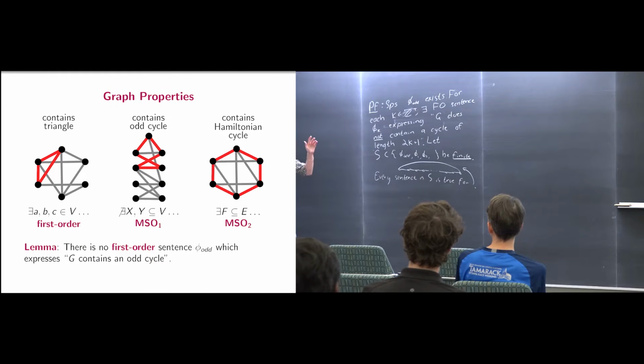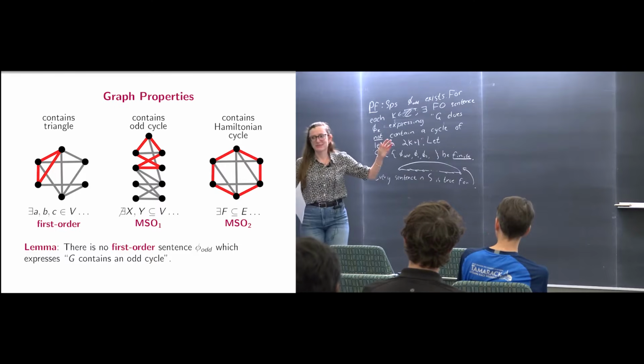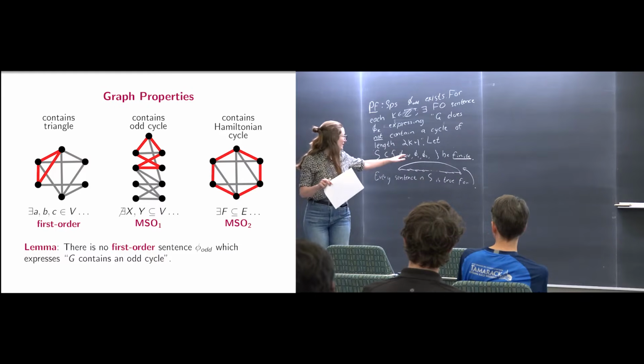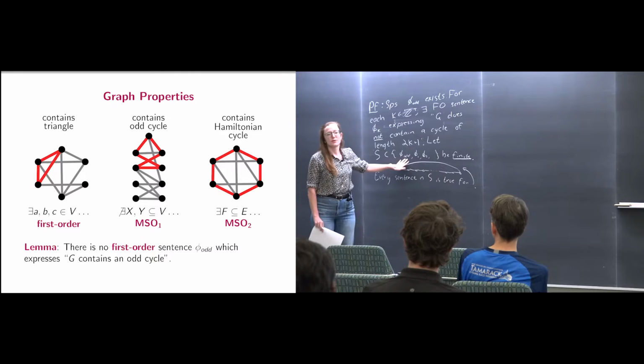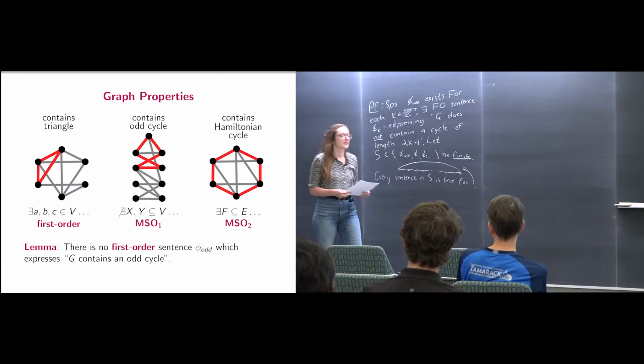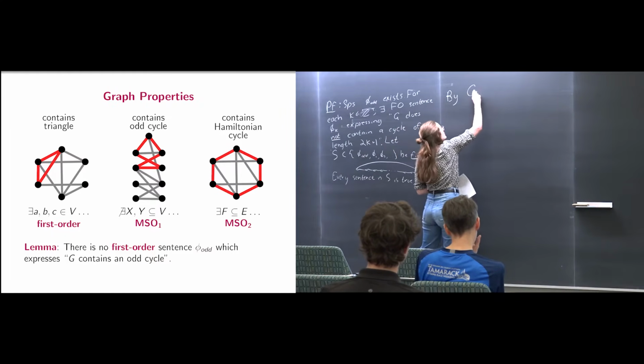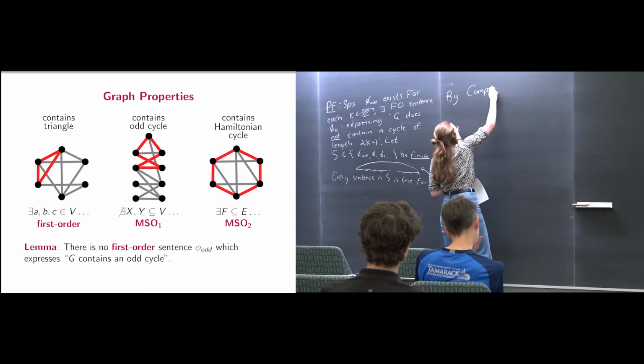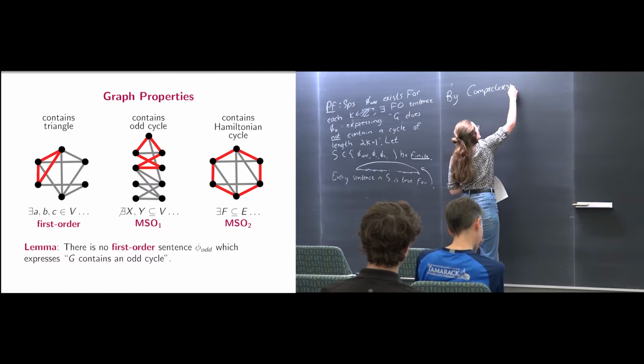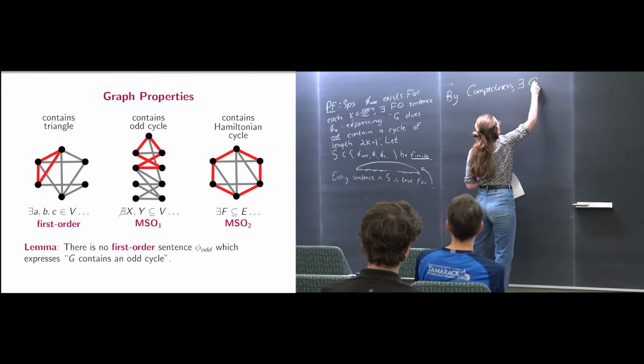And by compactness, which is a theorem in first order logic, so I'm not going to tell you what it says, but compactness says that as long as every finite subset of this holds for some graph, then actually there exists a graph so that all of these sentences hold. So by compactness, there exists a graph.